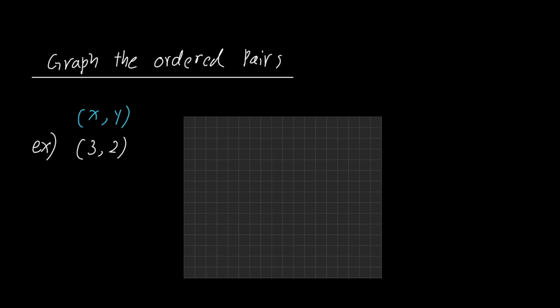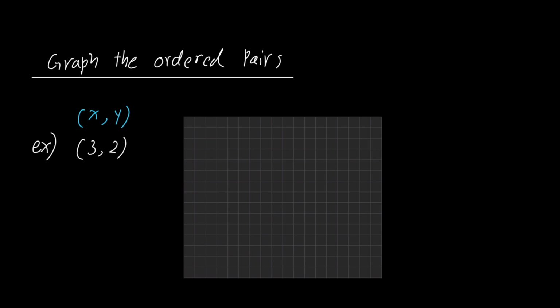So 3 is the x-coordinate, the number on the horizontal line, and y is 2, the number on the y-axis, the vertical line.